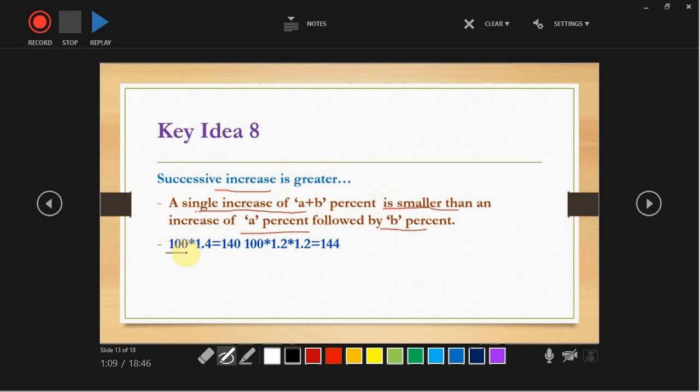If you increase 100 by a single 40%, it will be 140. But if you increase 100 first by 20%, then by 20%, this quantity will be greater. So a single increase of 40% is always smaller than two successive increases of 20%.